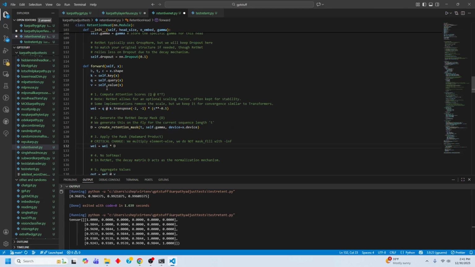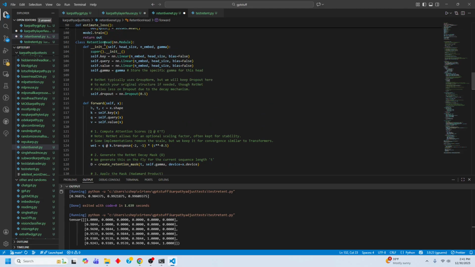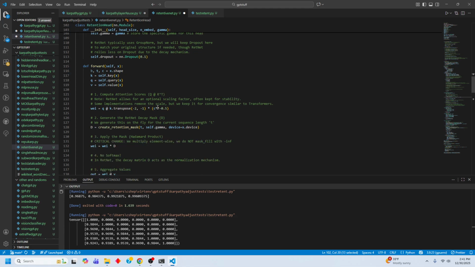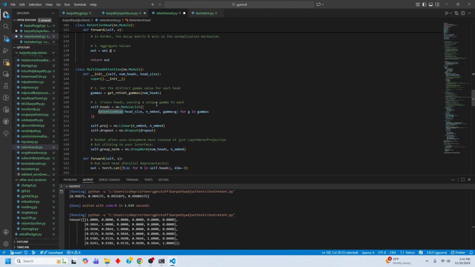If we go up to one other piece of the code that's changed, you do get those gammas here in the multi-head attention, which you can actually get outside of that for loop.